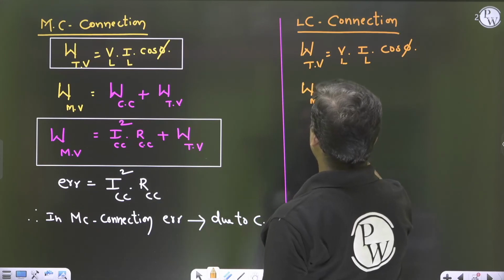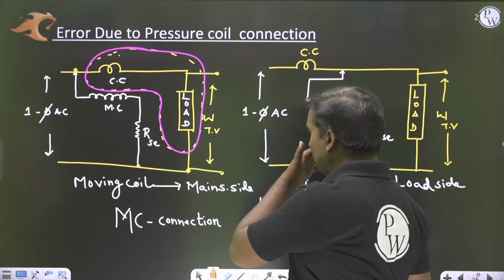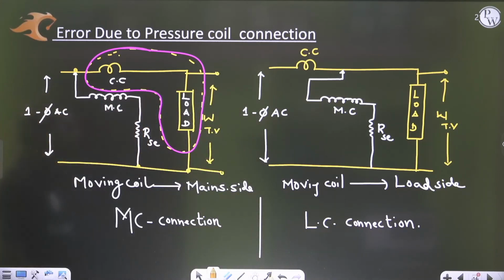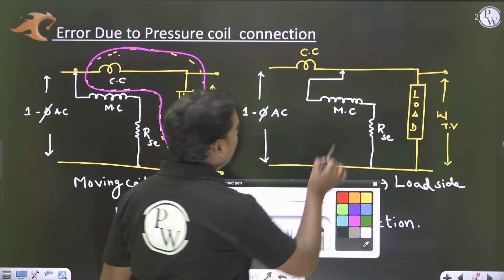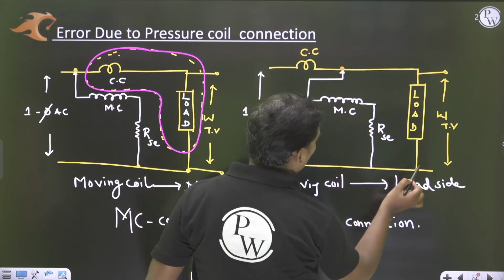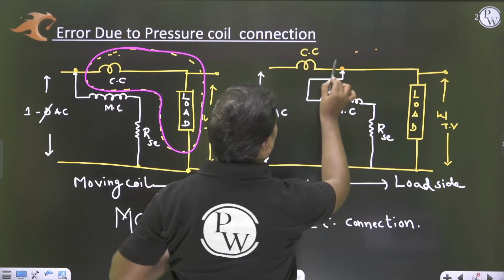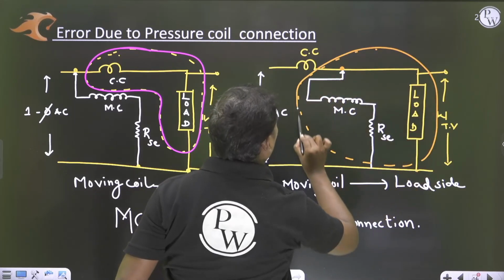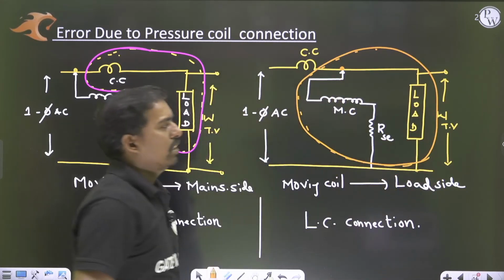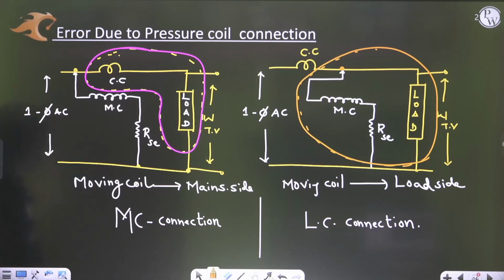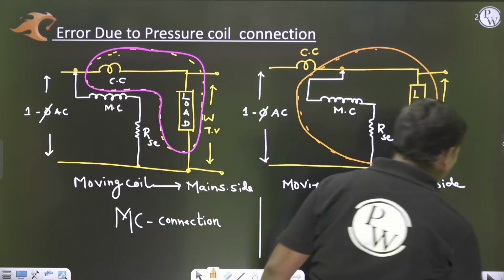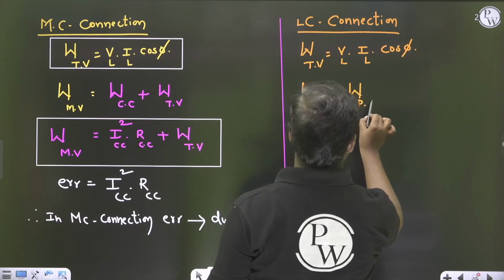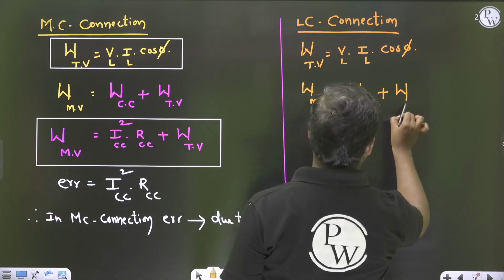We check. This is the true value, but the measurement value includes this power and this power, the total. So it is the power consumed by the potential coil plus the true value, or the load.